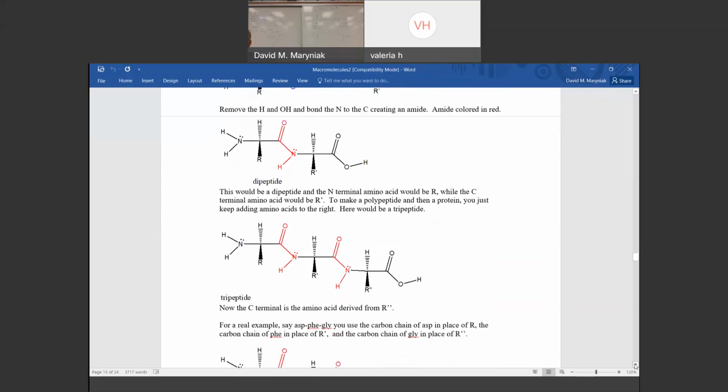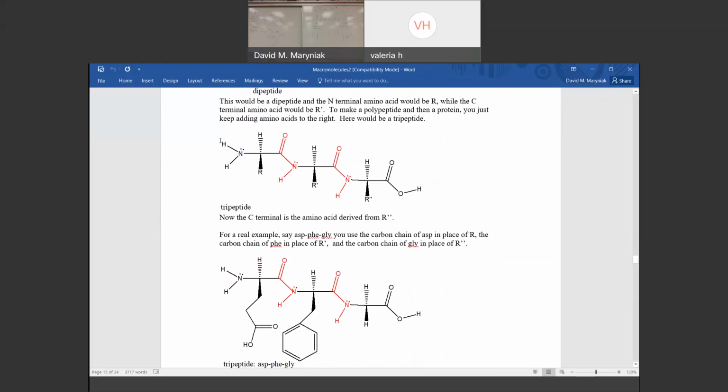So if that was fun, we do it again. In this, how many amino acids are now connected? 3. How many amide groups are there? 2. And would we call this a tripeptide? And now for the details.